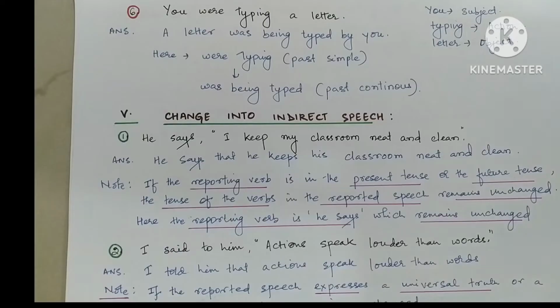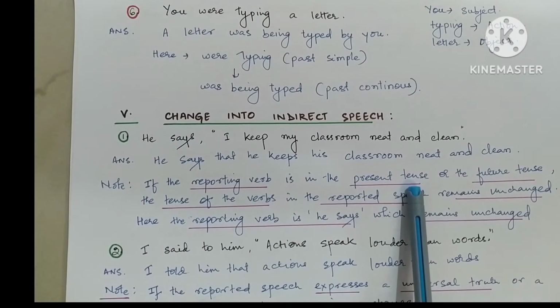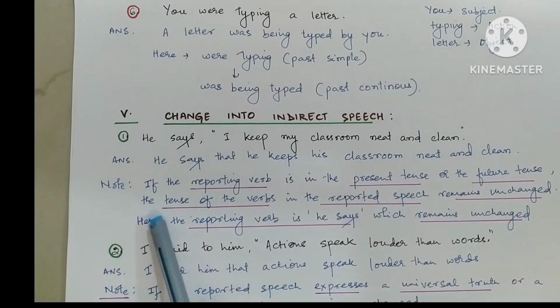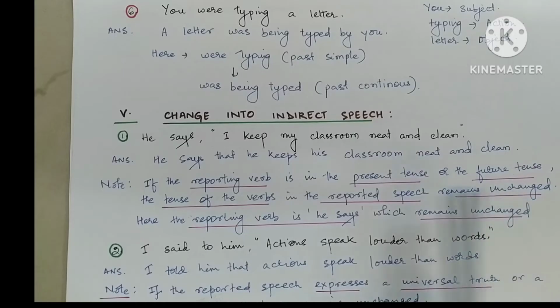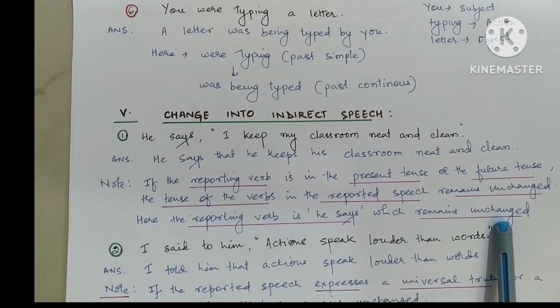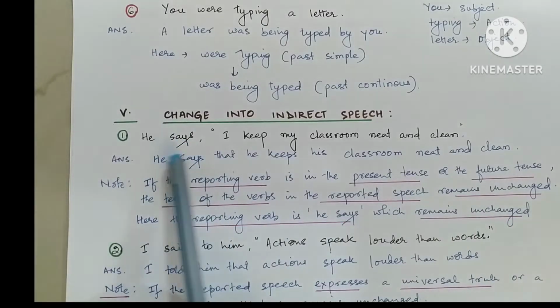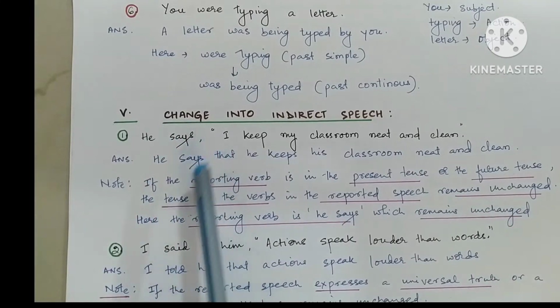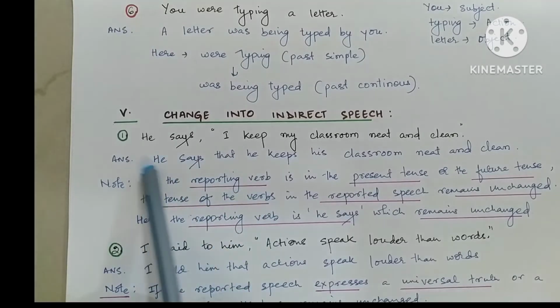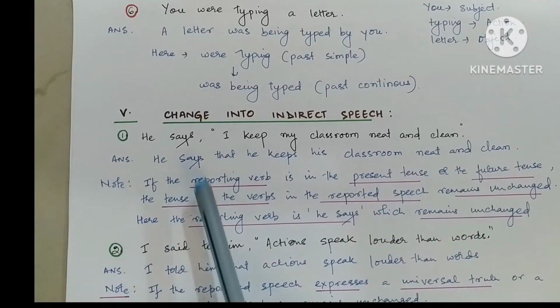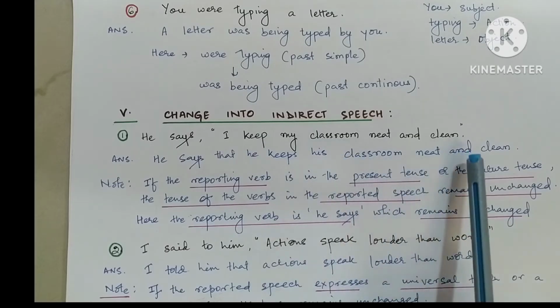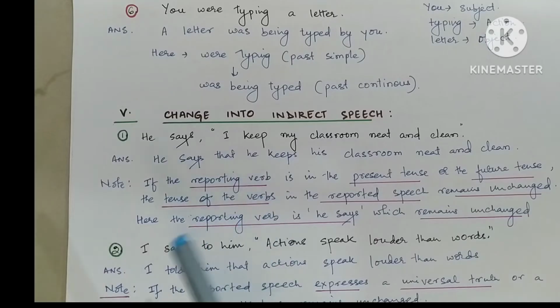Now children, we need to understand that if the reporting verb, which here is says, is in the present tense or the future tense, the tense of the verbs in the reported speech remains unchanged. Here the reporting verb is he says, which remains unchanged. The reporting verb is in the present tense, so the tense of the verbs in the reported speech remains unchanged. He says that he keeps his classroom neat and clean.